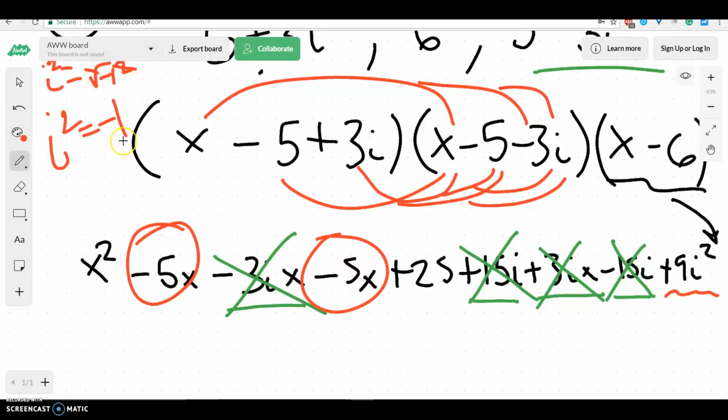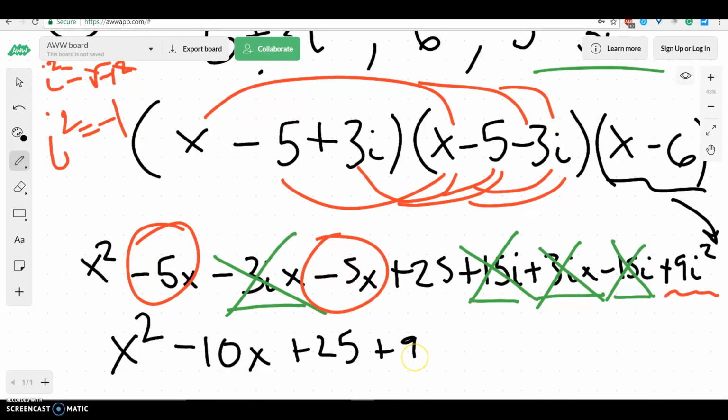And so that's where we get negative 1 from that. So when we write this down, we're going to get x squared minus 10x plus 25. That is going to be plus 9, because I made a slight mistake there. That wasn't a plus 9i, that was a minus 9i, because 3 times negative 3 is a minus, so that's going to be plus 9.